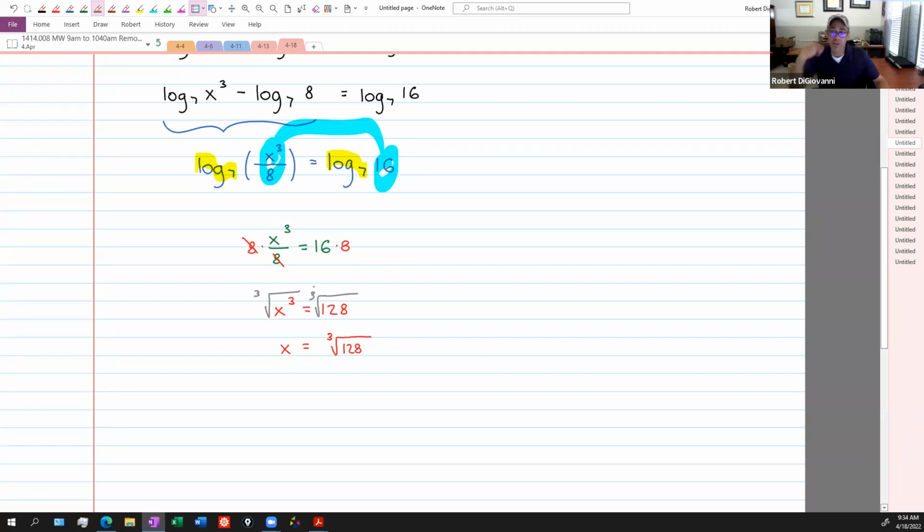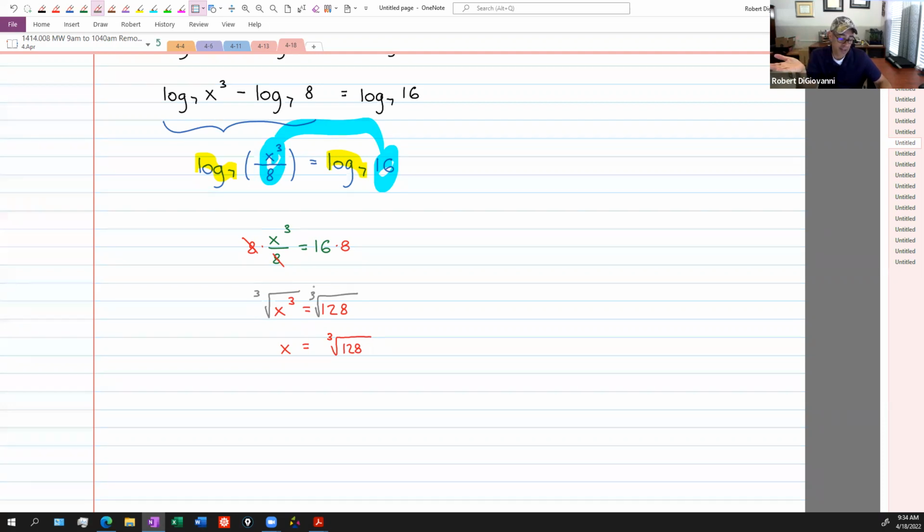Now, when I do the cube root, do I have to do plus or minus? Don't remember? Only on even roots. So if you do a square root, a fourth root, a sixth root, an eighth root, then yes, you'll do plus or minus. But if you do an odd root, you do not have to do plus or minus.